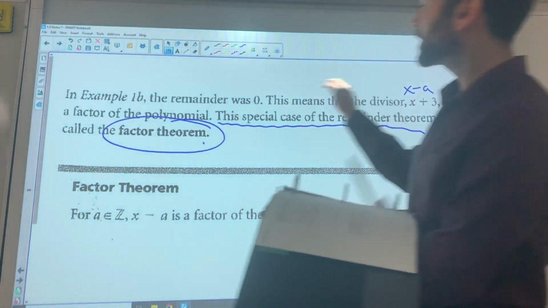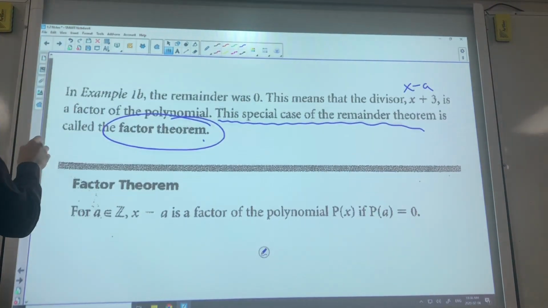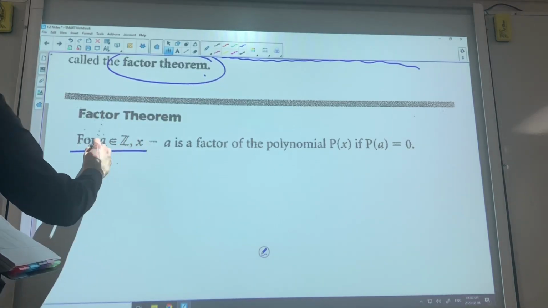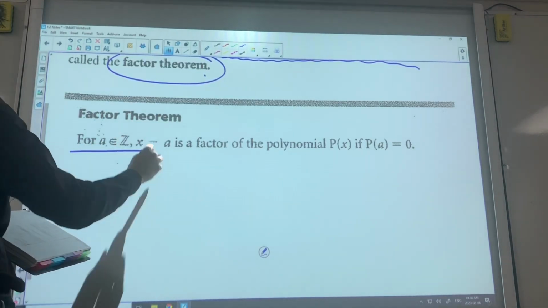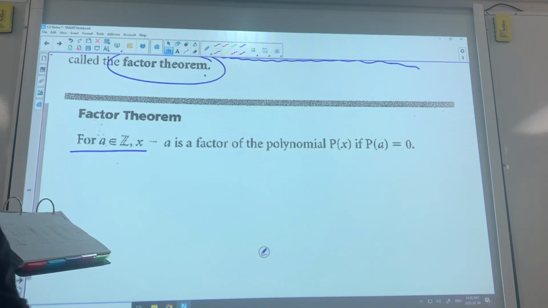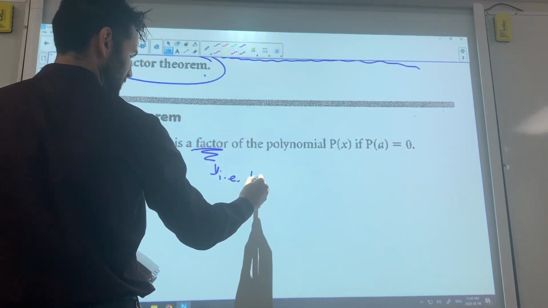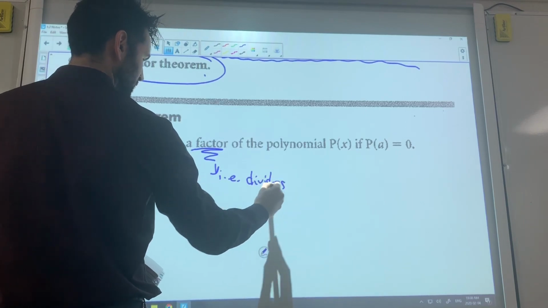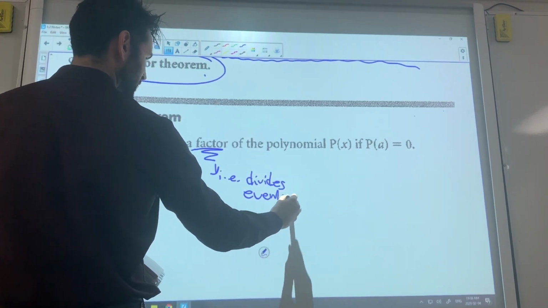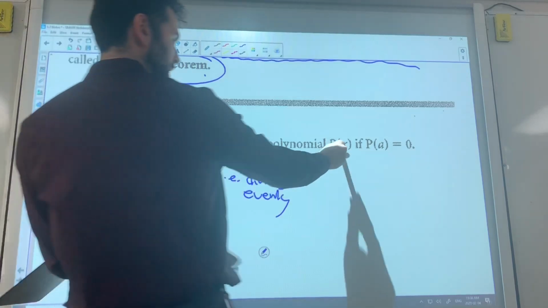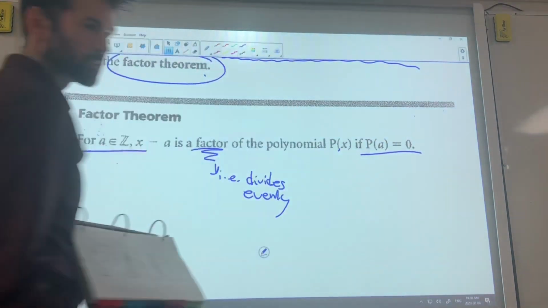The factor theorem goes one step further, and here it is. It says, all right, for every a that's an integer, if you have a thing that is in the format x minus a, it is a factor, i.e., it divides evenly. So it's a factor of the polynomial p of x if p of a is 0.